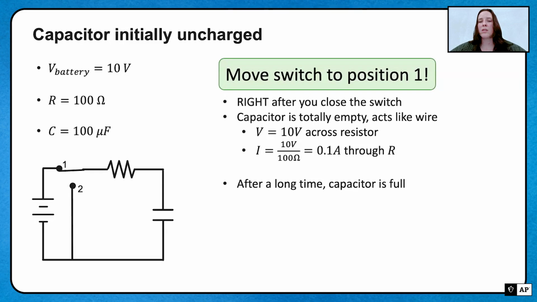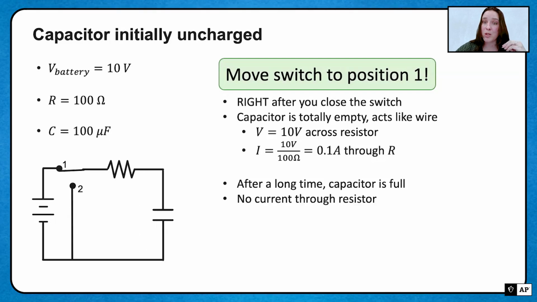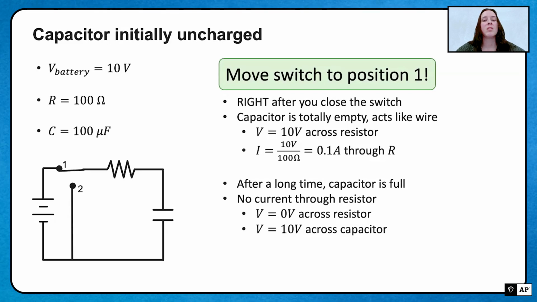So now let's wait a long time. Our capacitor is like, all right, I'm full, I'm done, no more, please stop. When your capacitor is full, no more charge can pass through this point. So when a capacitor is full, it acts as a roadblock, which means there's no current going through the resistor, which means there's no voltage across the resistor, which means the voltage is 100% going across that capacitor, like we just said on our chicken nugget adventure.